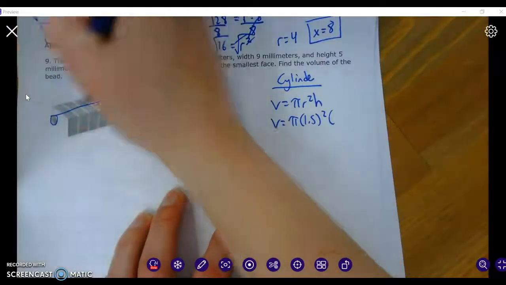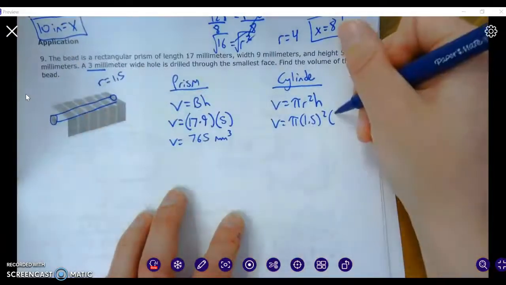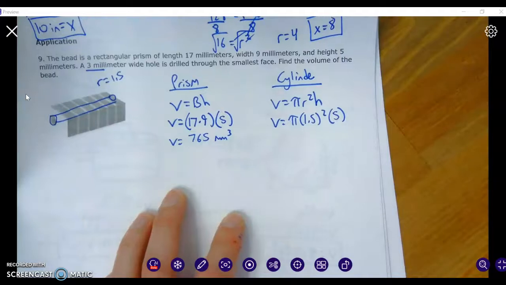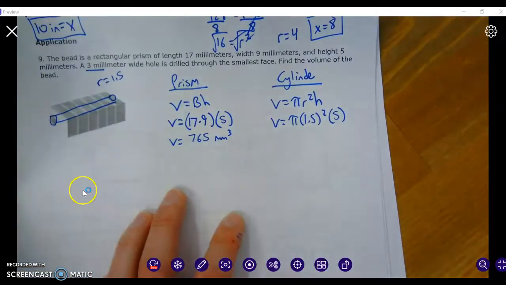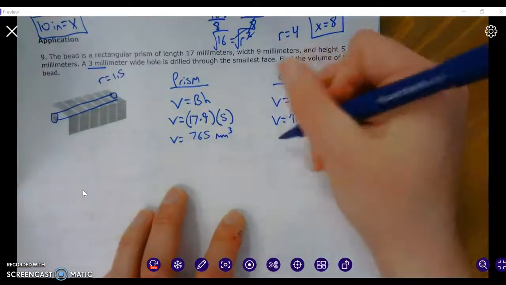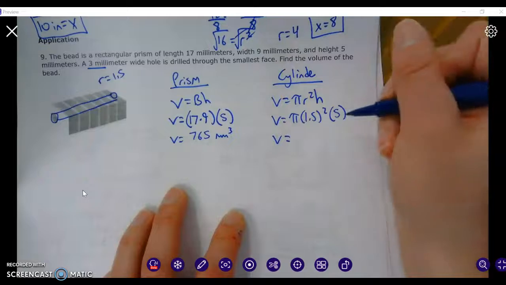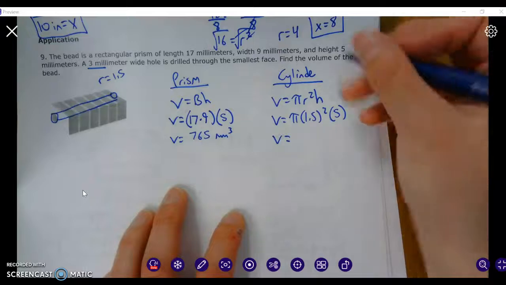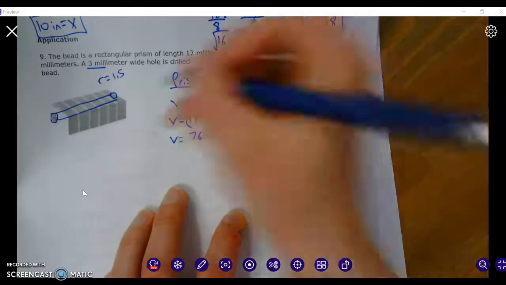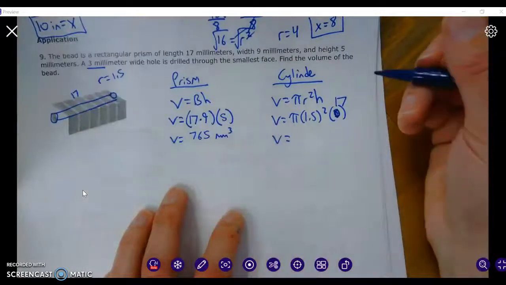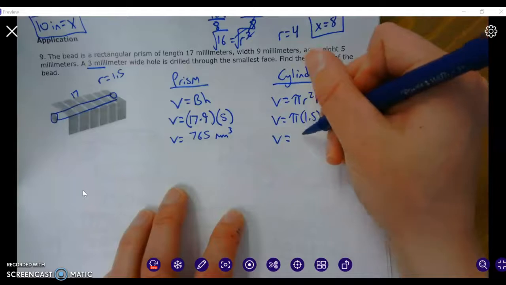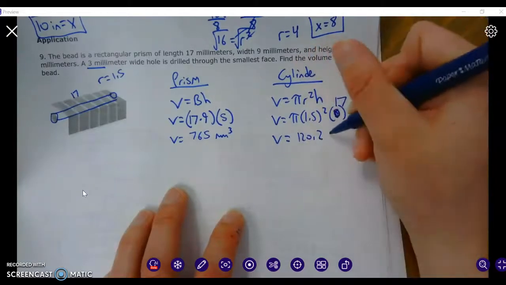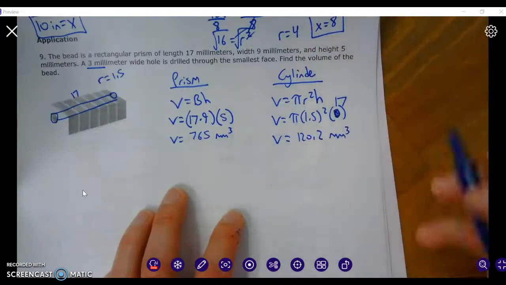We have the cylinder kind of going all the way through. Okay, and then if we type all that in, we get, oh, sorry, this should be 17 because the length of this is 17. My bad. So then we get 120.2 millimeters cubed.